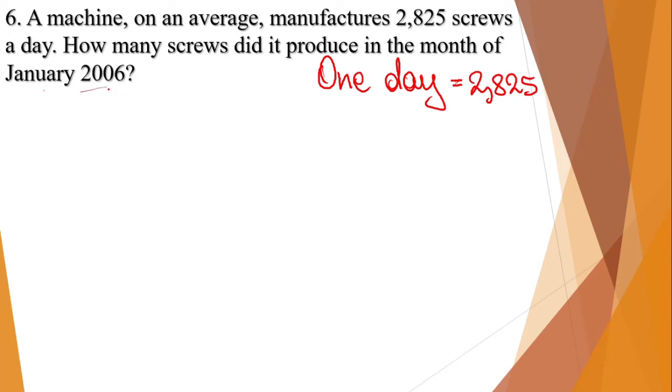Now 2006 is just the year in which January is there, means we can ignore it, right? Now let's see only January. So for 1 day it manufactures 2,825 screws. Then in the whole month of January, how much does it manufacture? Now let's convert this January month into days.